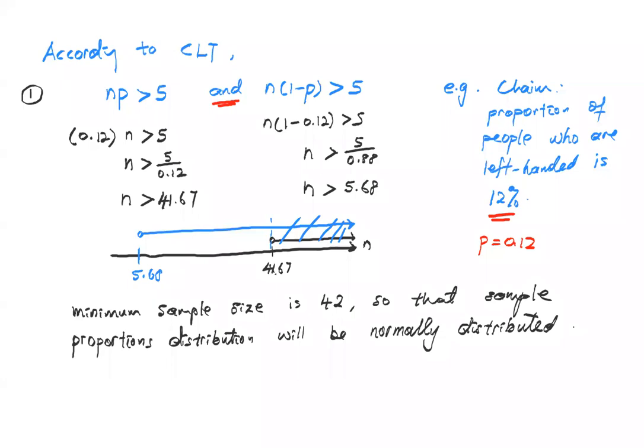It's also according to CLT. The sample proportion, how does the symbol look like? The symbol looks like this, a P with a hat. This is called the sample proportion.